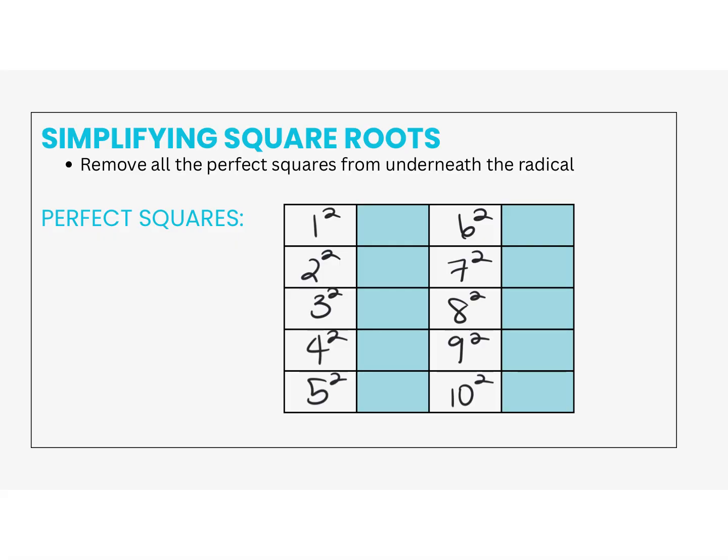And if you don't know them off the top of your head, it's nice to just have them visually somewhere so you can look at. All right, so 1 is 1, 2 squared is 4, 3 squared is 9, 16, 25, 36, 49, 64, 81, 100. And again, you probably know those, but it's just a good idea to have them somewhere that you can refer to quickly when we talk about these.